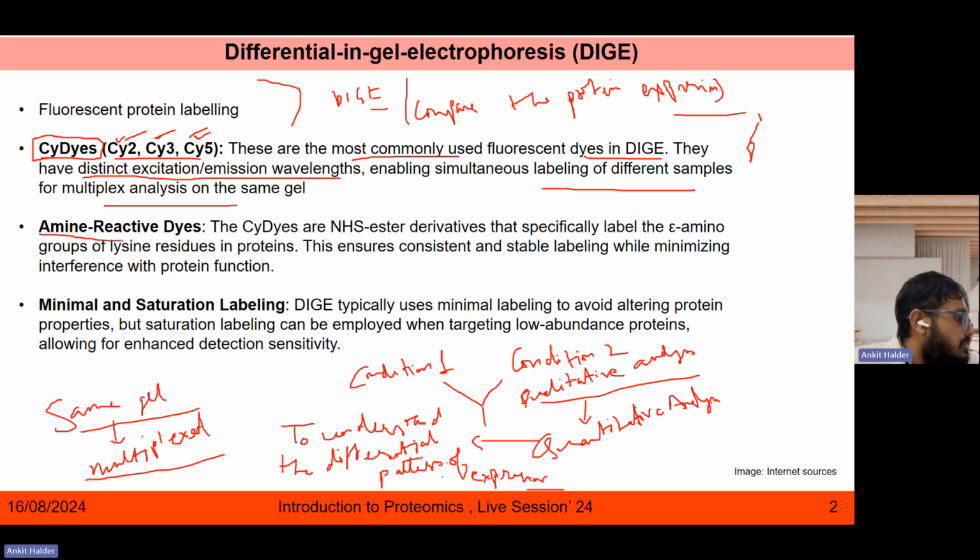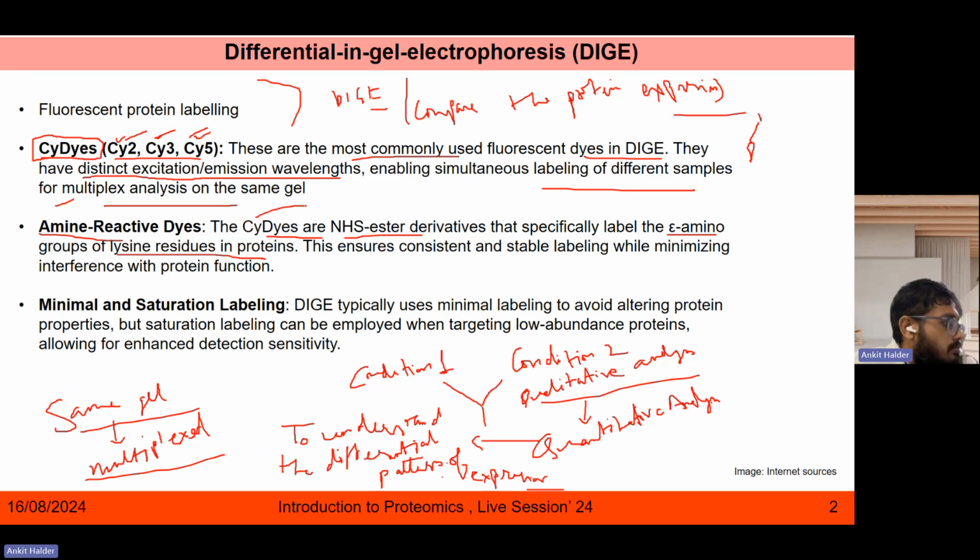These CyDyes are also known as amine reactive dyes, because they are NHS ester derivatives that specifically label the lysine residues in proteins.